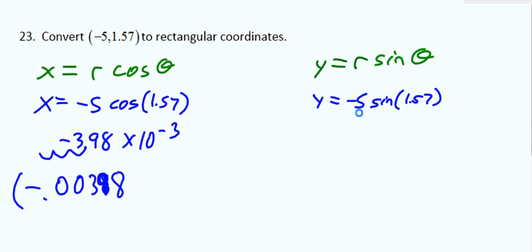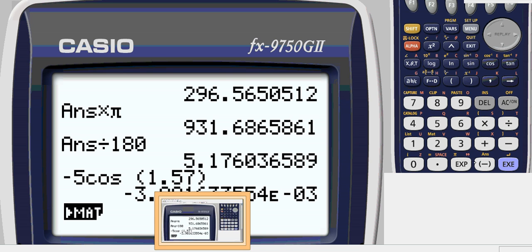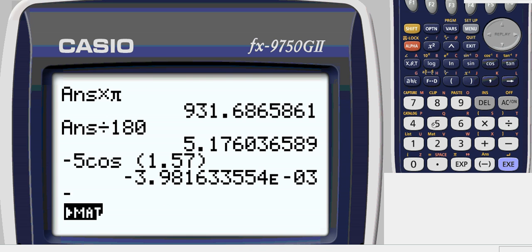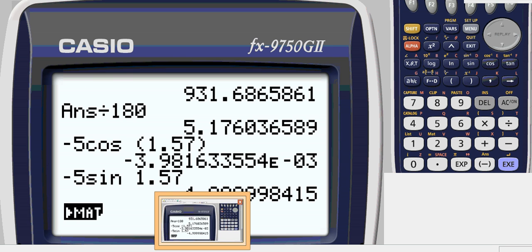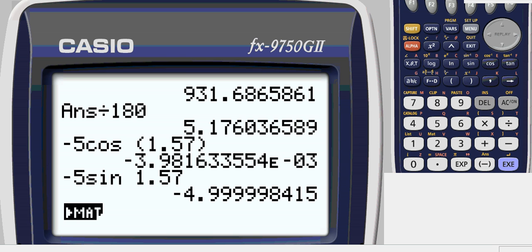Y equals negative 5 sine 1.57. Should be almost negative 5. Negative 4.999998.